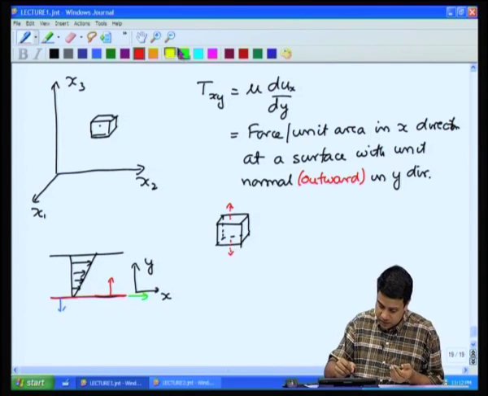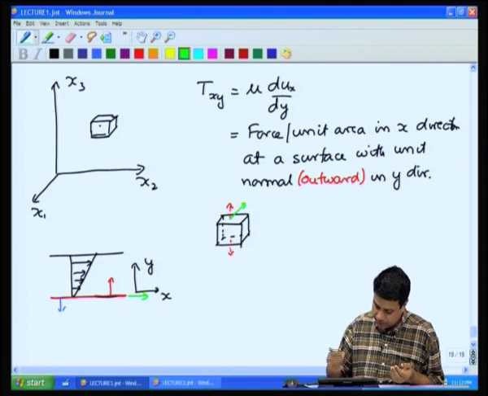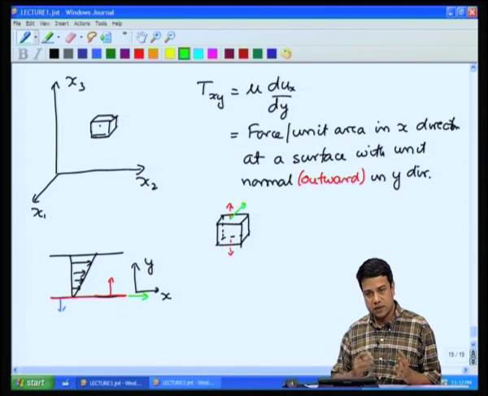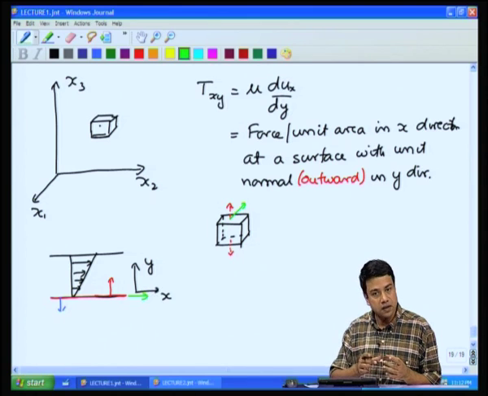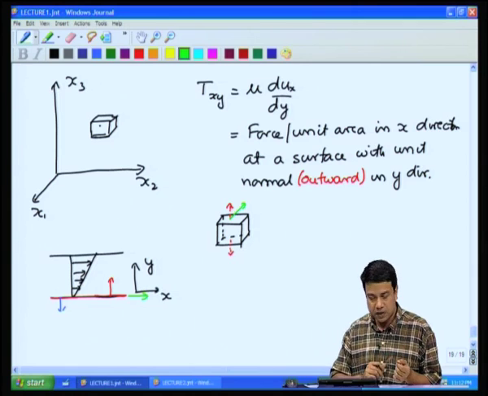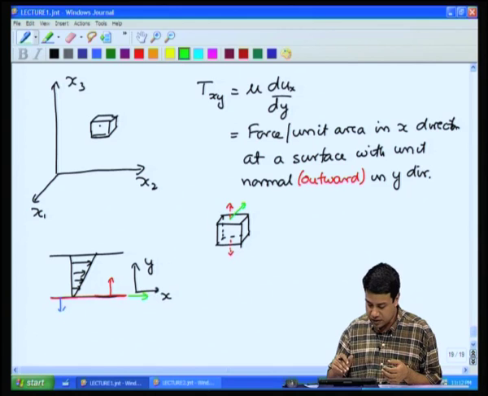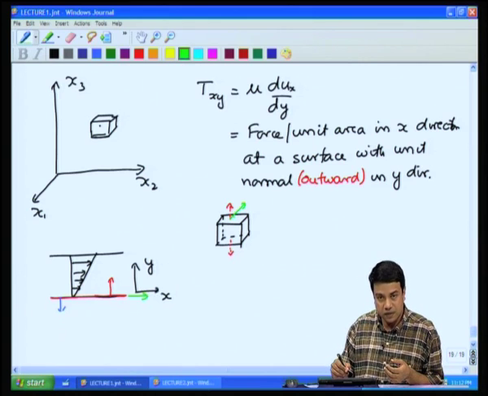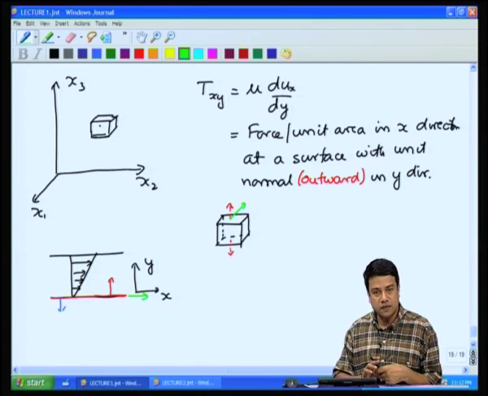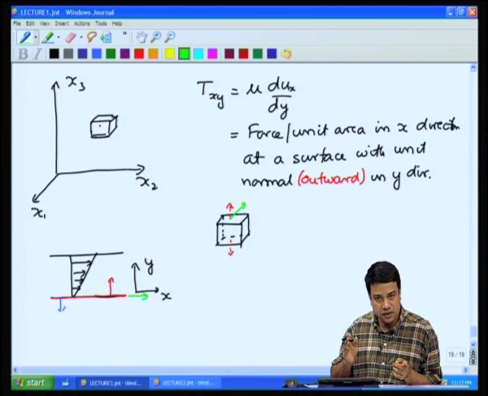So, at this top surface there is some force. That force of course decreases as the area decreases, because the force is proportional to the area, in the limit as the area goes to 0. This force will have 3 components once again. The component of this force in the x1 direction is T13. Force direction is x1, unit normal direction is x3. The component in the x2 direction is T23 and so on.